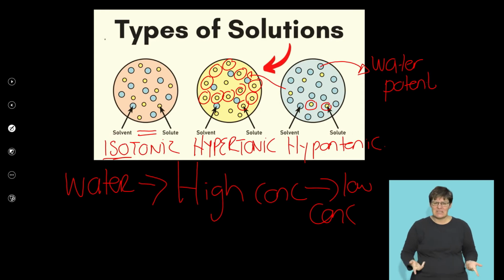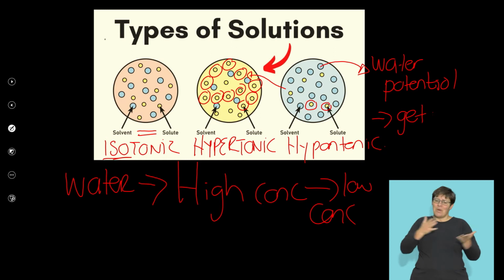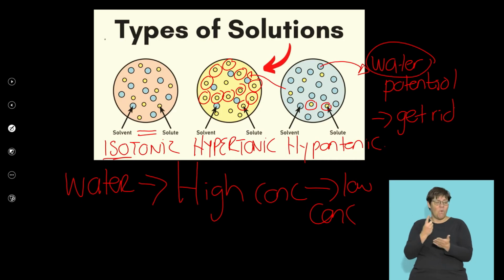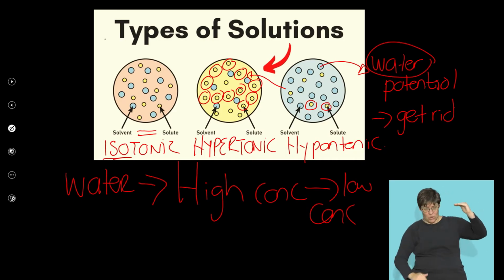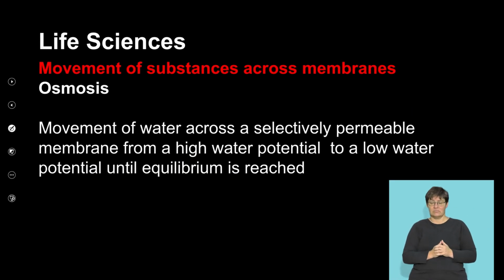And what does that mean? It wants to get rid of that water. Okay, so a high water potential to a low water potential. So water will always move from a high concentration to a low concentration. So guys, very important. What is osmosis? Now have a look.